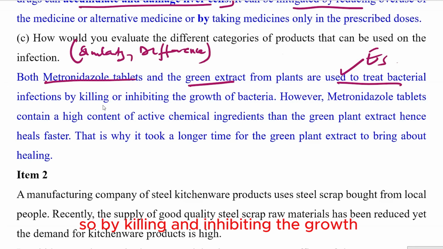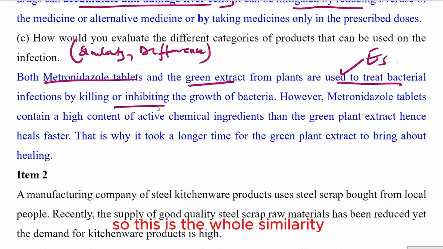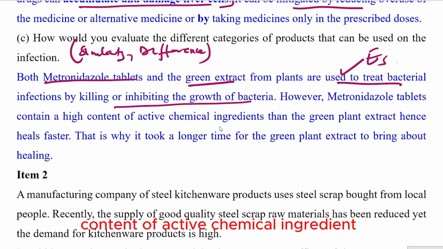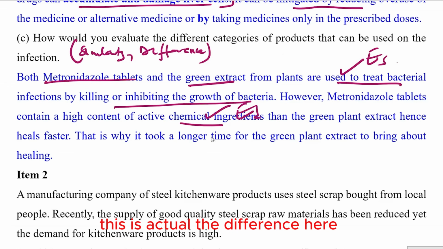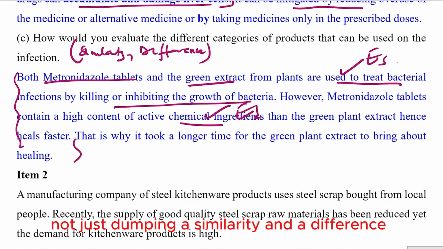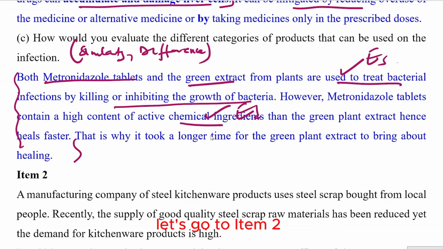By killing and inhibiting the growth. So this is the whole similarity. Now, however, metronidazole tablets contain a high content of active chemical ingredient. This is actually the difference here. So make sure the whole block statement is created to show that it is meaningful, not just dumping a similarity and a difference. Let's go to item 2.